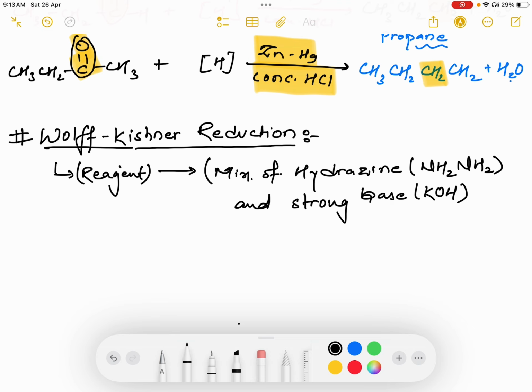What is hydrazine? Hydrazine is NH2 NH2. So this is basically known as your Wolff-Kishner reducing agent: hydrazine and a strong base KOH. So you need these two.